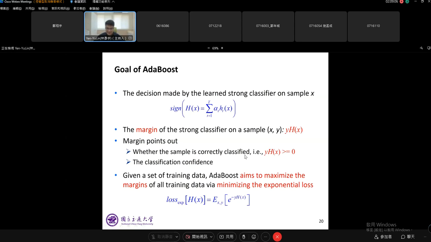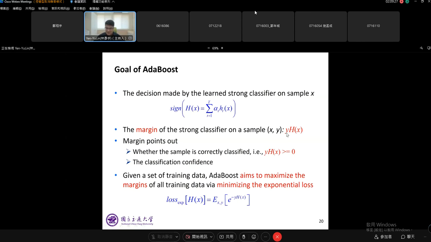If this data point is correctly classified, y h of x is larger than or equal to 0. You can check this property by yourself. You can consider positive training data and negative training data simultaneously.